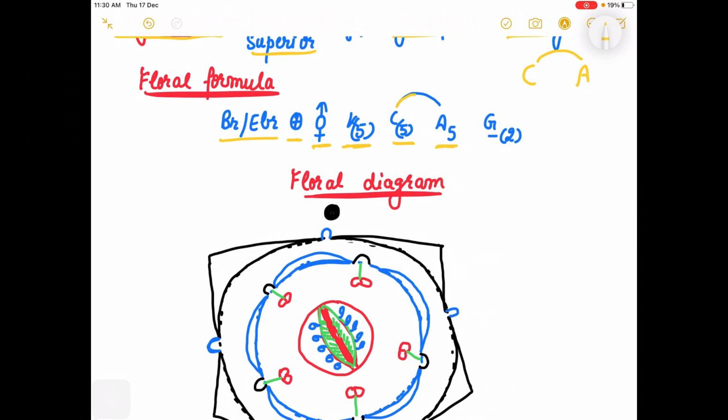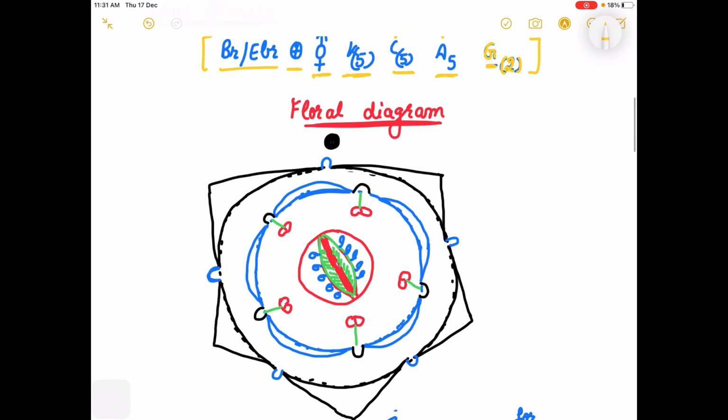But this is an epipetalous condition, so we are going to put this arc on calyx and corolla and androecium. Okay, gynoecium is superior ovary, bicarpellary, syncarpous. So we are complete with our floral formula. That is what you have to write down in the floral formula.